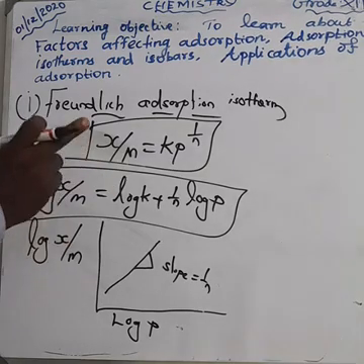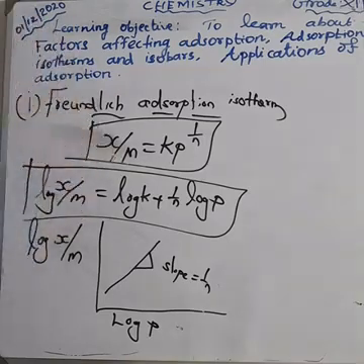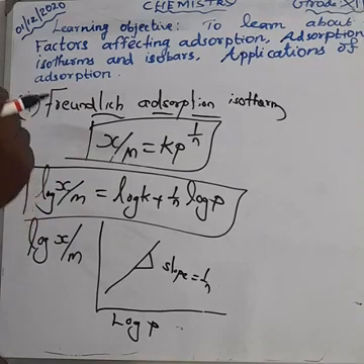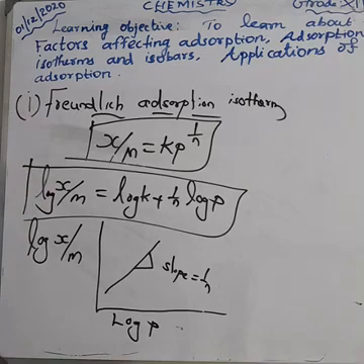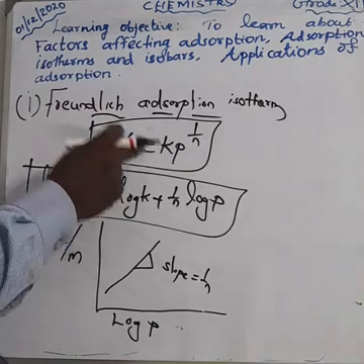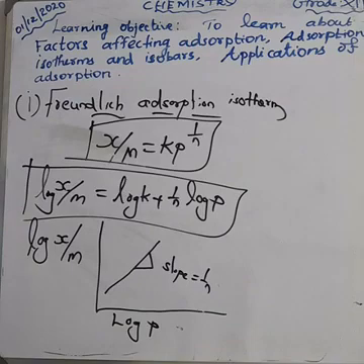This equation is purely empirical and valid over a limited pressure range only. The values of k and n also vary with temperature, and no theoretical explanation was given. These are some limitations; sometimes it may be asked.